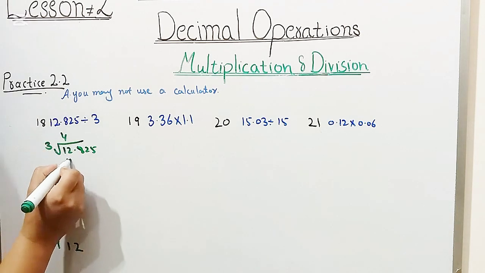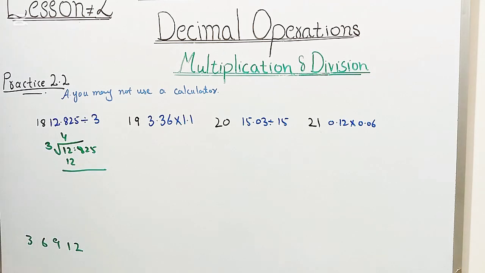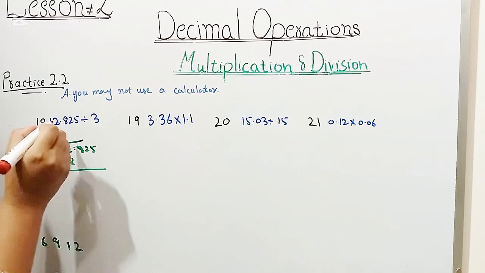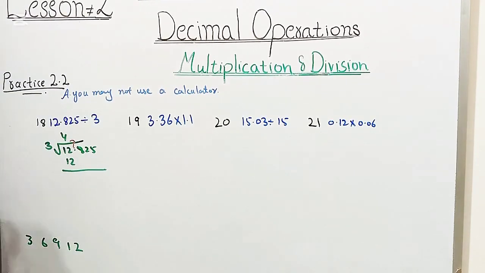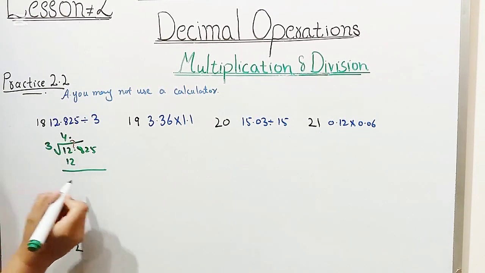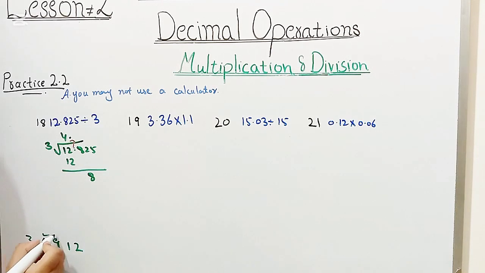Now the point. Now we will move the point there. Then I will write 8. 3 2s are 6, 3 3s are 9.